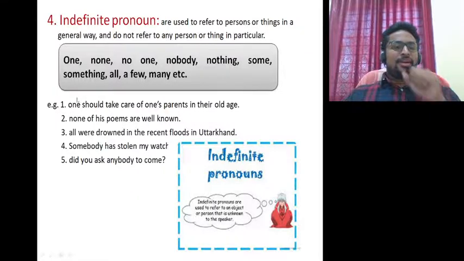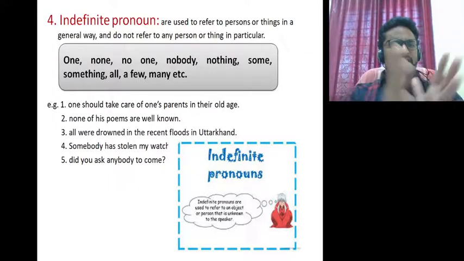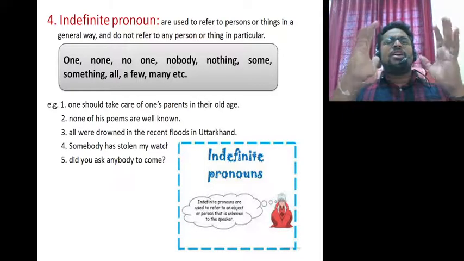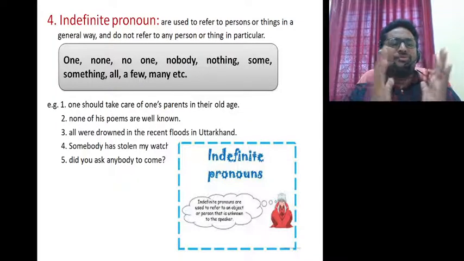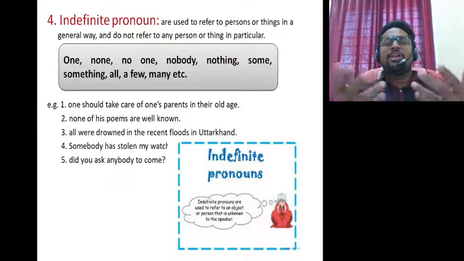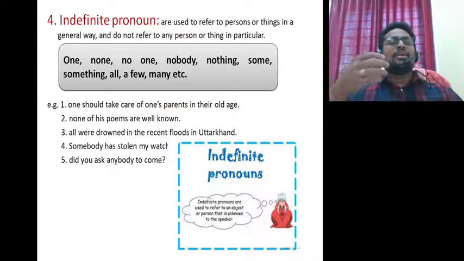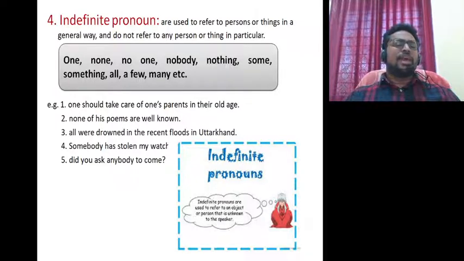In a general context, I am using this pronoun. That's why this is becoming indefinite, not particular. In a general way, we are using these pronouns. That's why we call them indefinite pronouns. What are indefinite pronouns? One, none, no one, nobody, nothing, some, something, all, a few, many, etc. These all come under the category of indefinite pronoun.